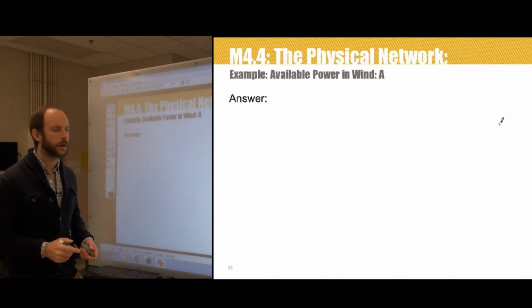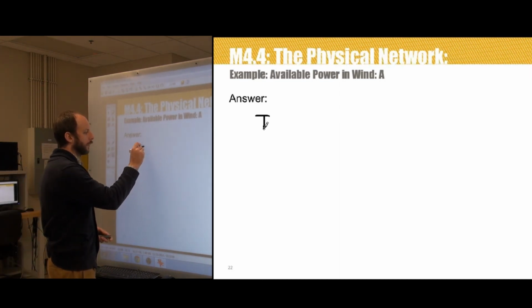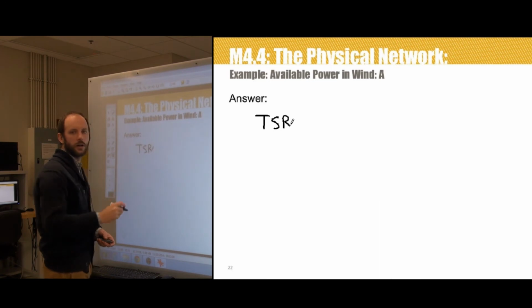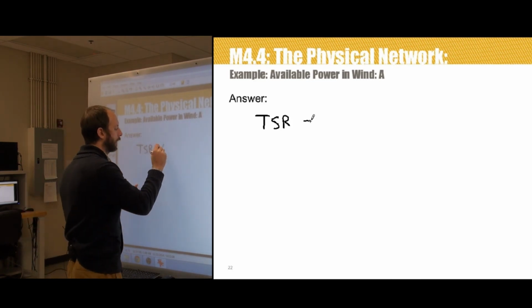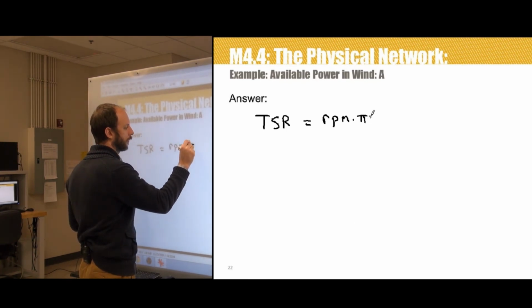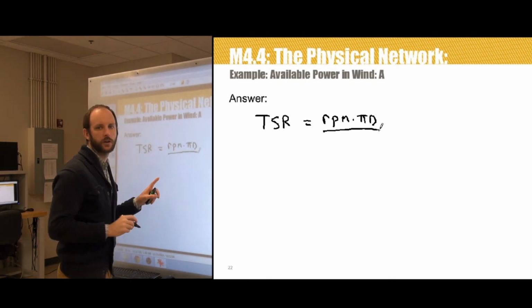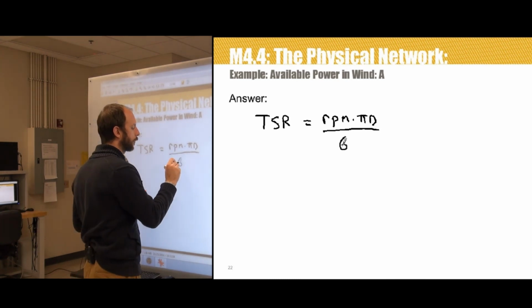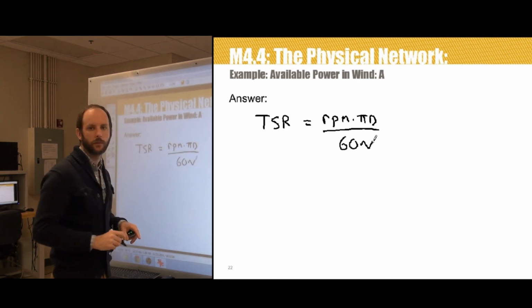So remember, our equation for the TSR is equal to RPM times pi D, divided by 60 times the upwind speed, 60V.